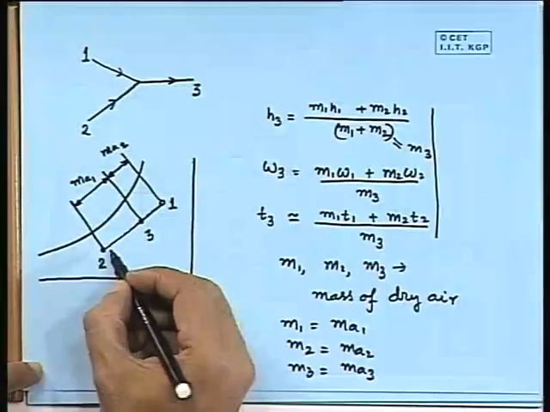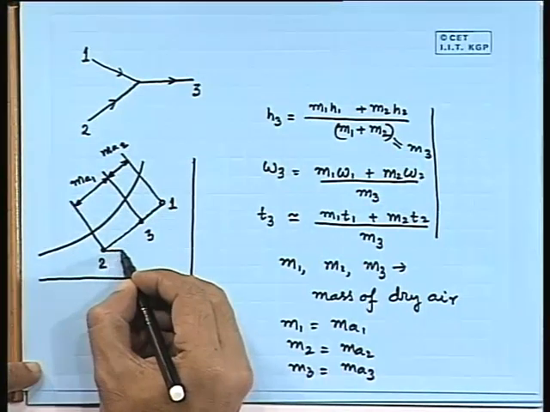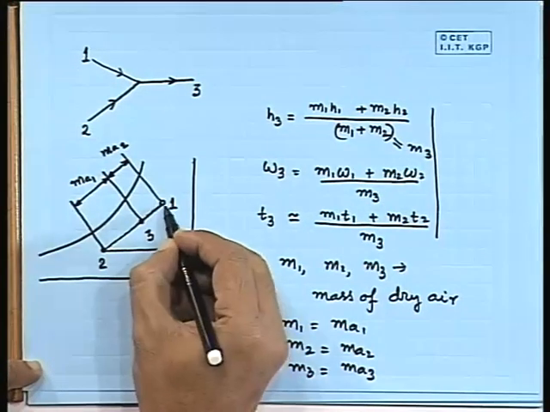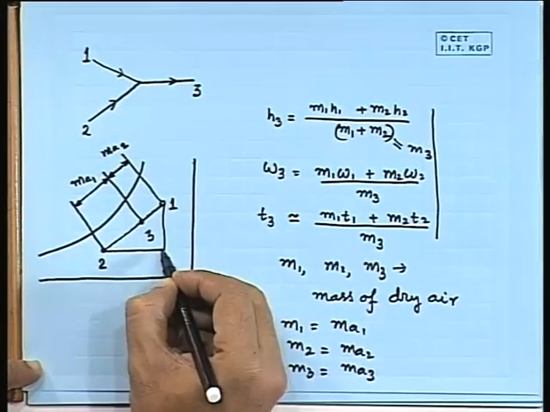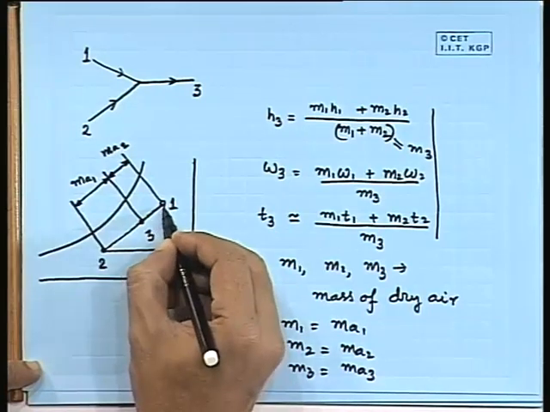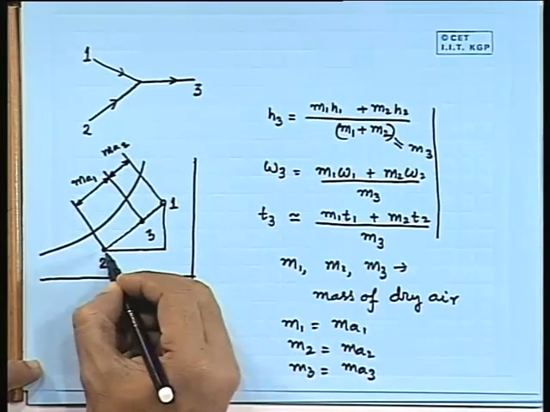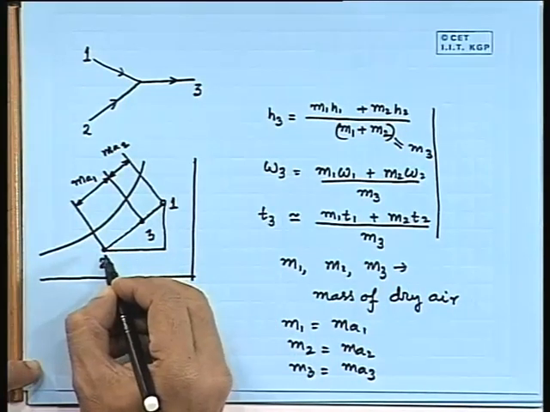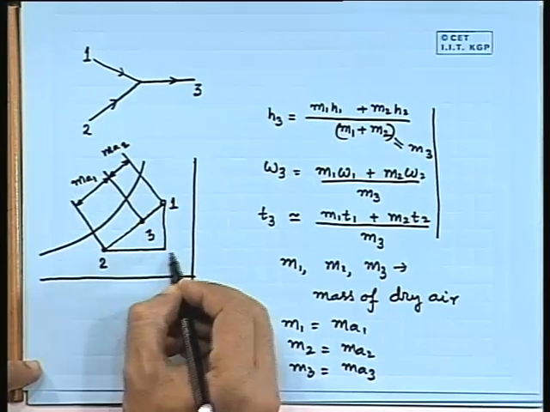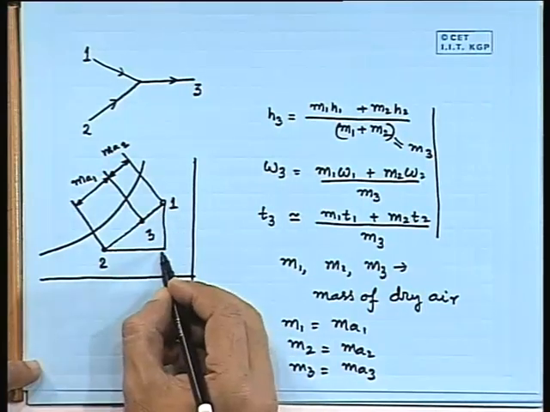That means, it being a triangle, if we have these two straight lines, one line dropped vertically from 1, another line extended horizontally from 2, then we will have a triangle.